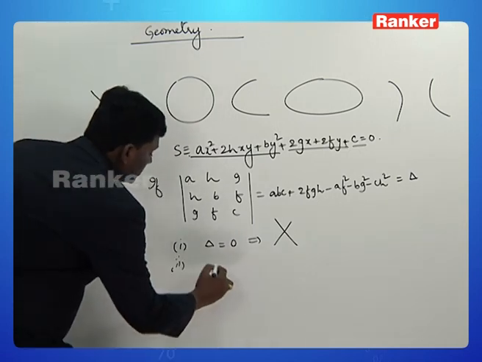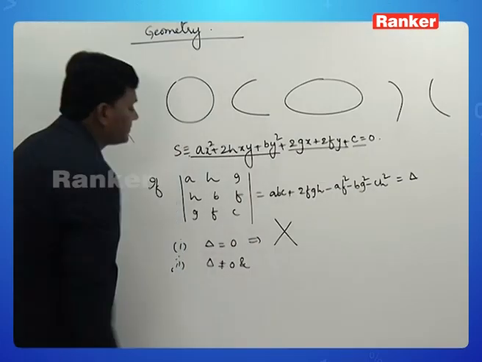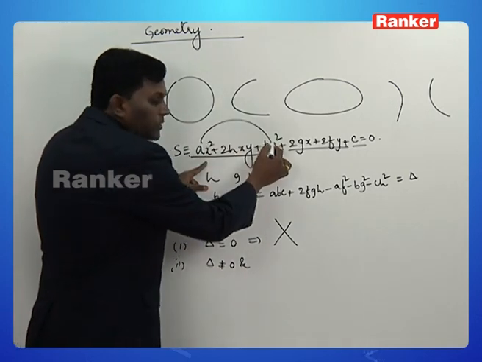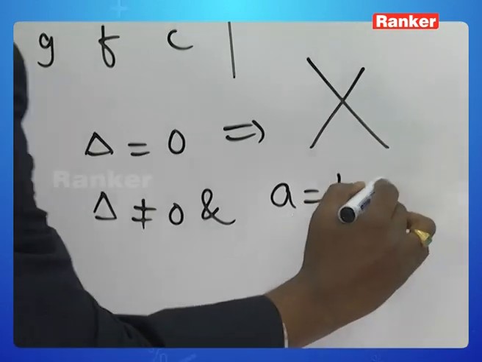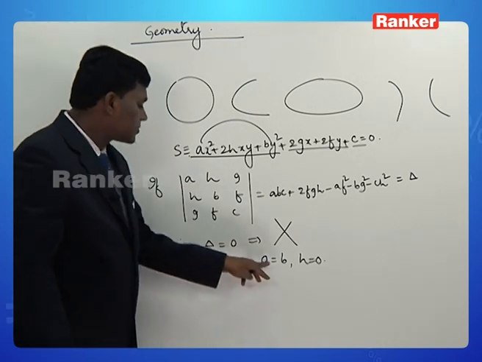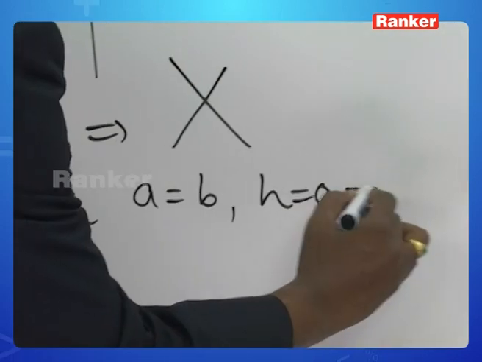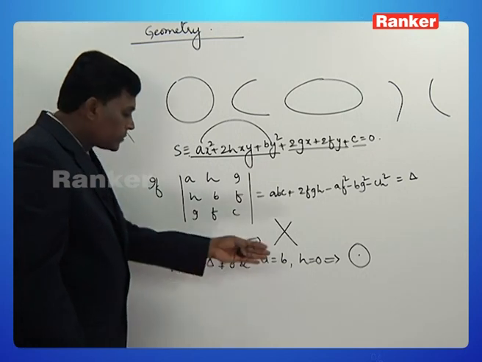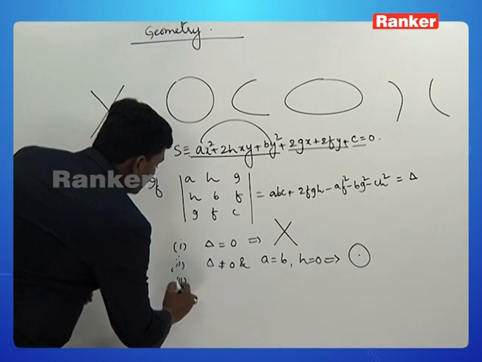Case 2, delta not equal to 0 and x square coefficient and y square coefficient are both equal and h equals 0. Whenever delta is not equal to 0, A and B are equal and h equals 0, the given equation represents a circle. We are going to prove all these chapter wise. I am giving a brief idea before this.